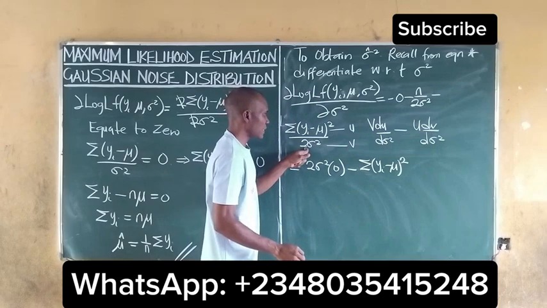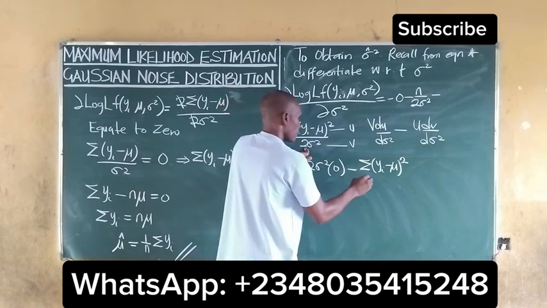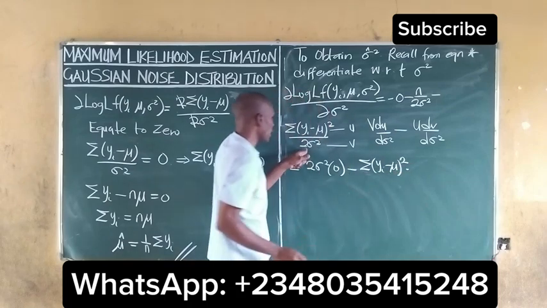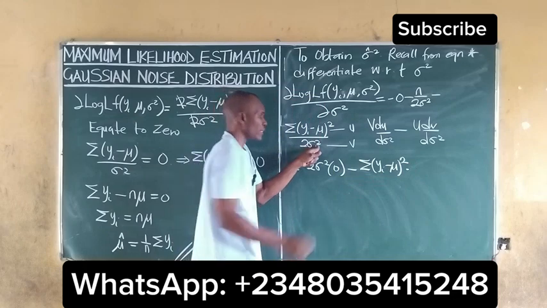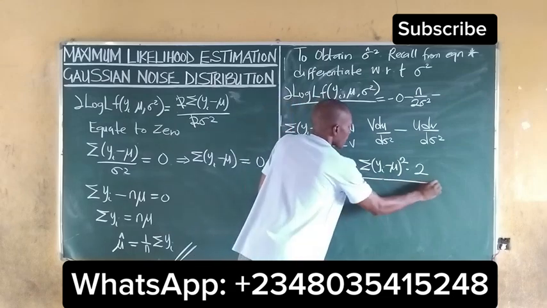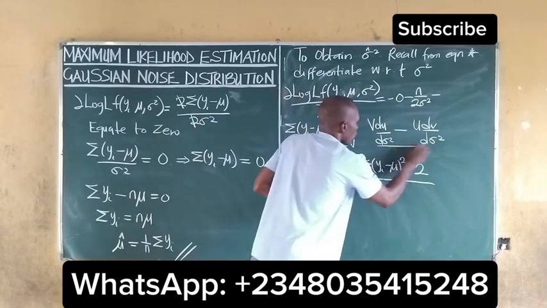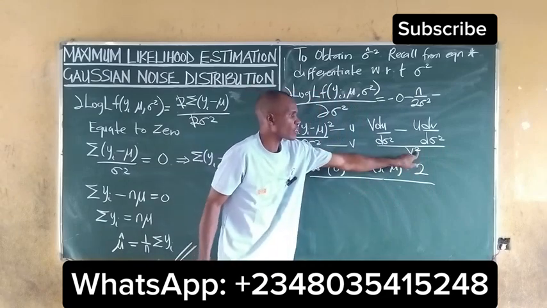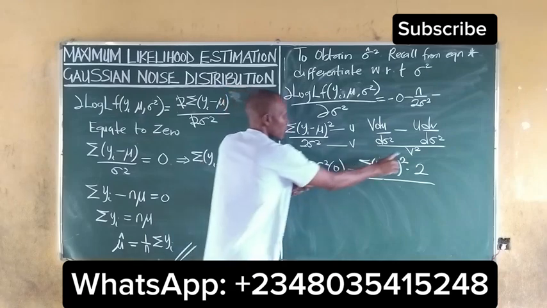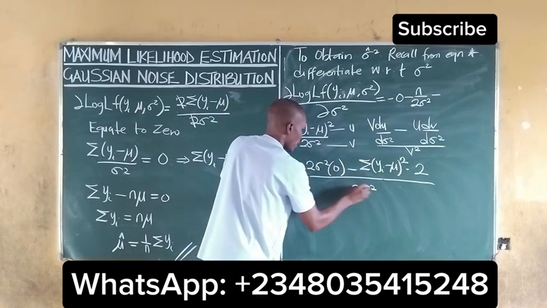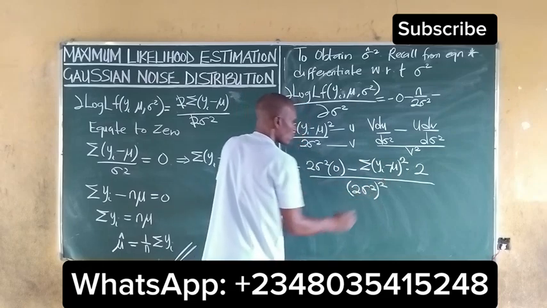If we differentiate v, since we are differentiating with respect to sigma squared, we get just 2, all over v squared. For the quotient rule, all over what? v squared. So this v squared will give us 2 sigma squared raised to the power of 2.